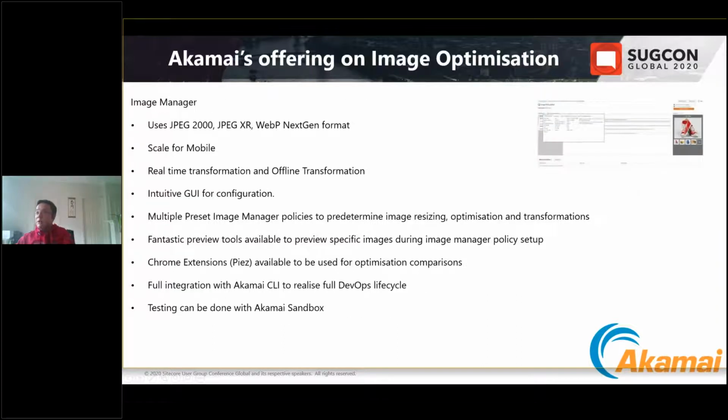The big boy, Image Manager, is a totally separate product that Akamai offers. It's not bundled into any web performance plan, so it is a separate product on its own. It can supply next-gen formats.